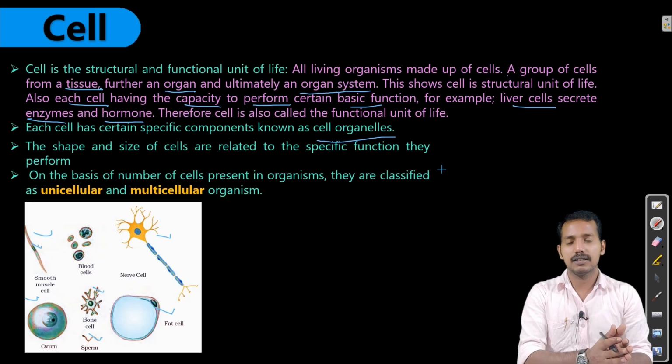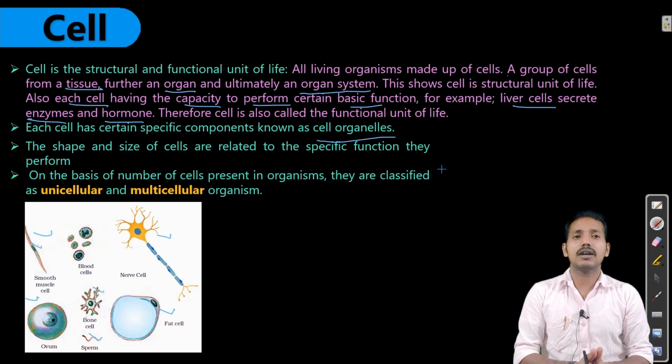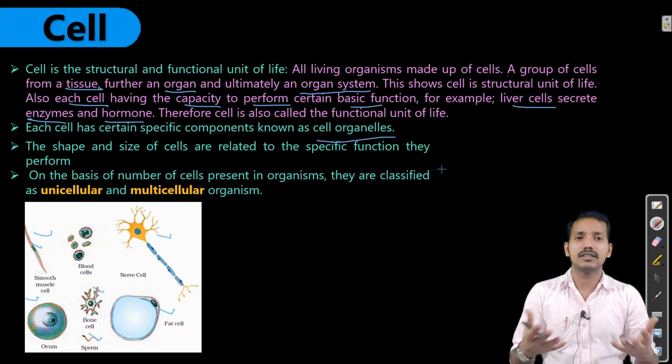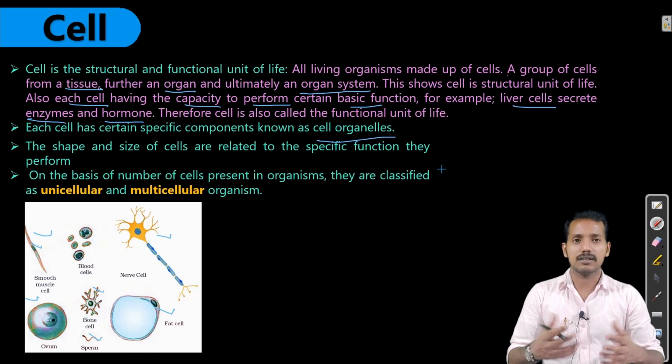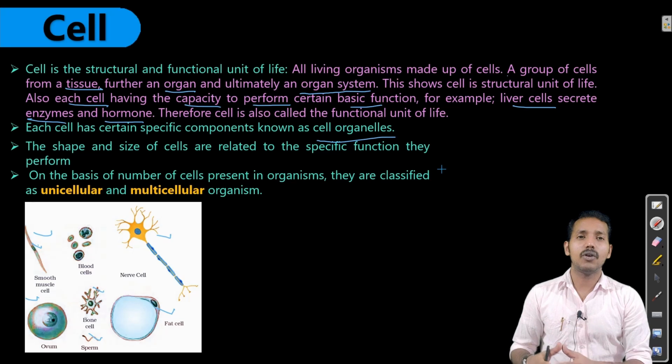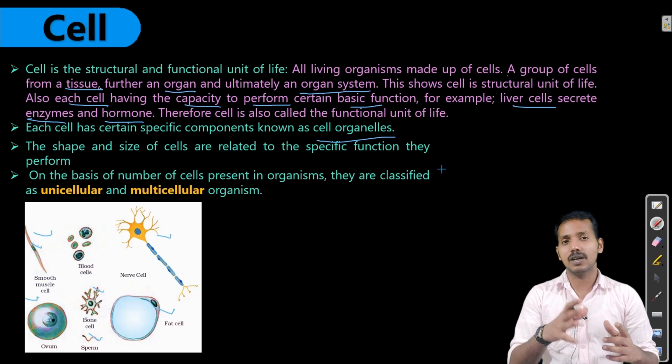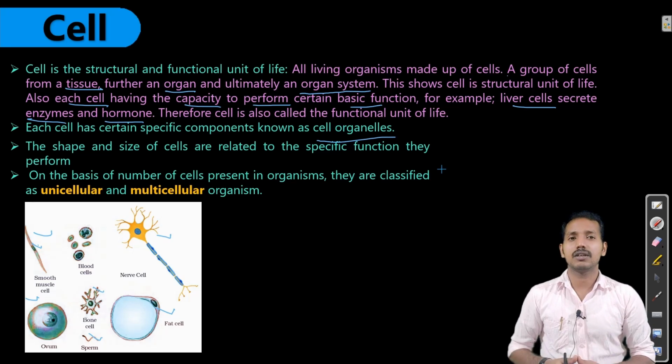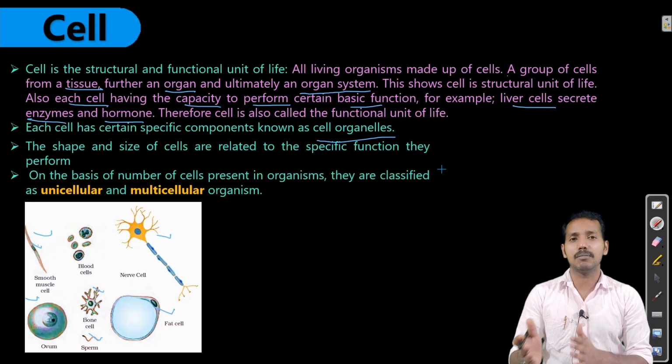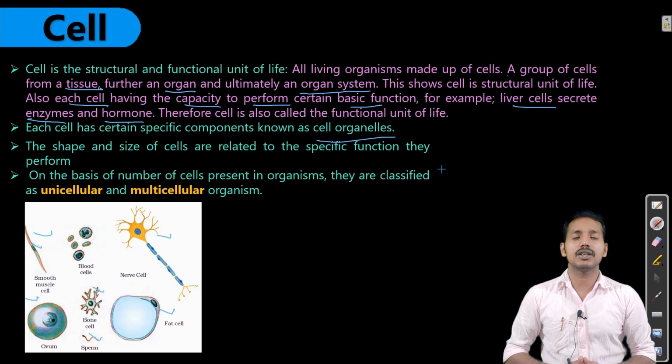On the other hand, some organisms are made up of millions or trillions of cells, like us. Such organisms are called multicellular organisms. Multi means more than one. All the animals, plants, etc. are examples of multicellular organisms. And one more thing we need to remember.